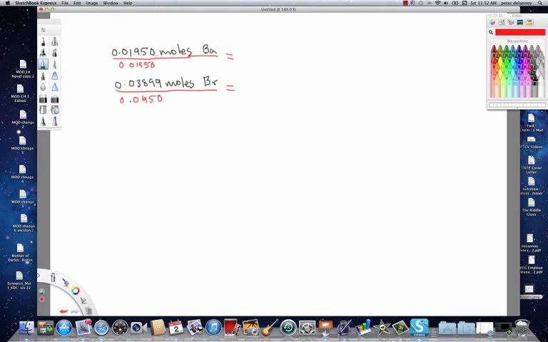And obviously for this one we get one barium. And for this one we get 1.999 mole ratio for the bromine, which is actually equal to 2.